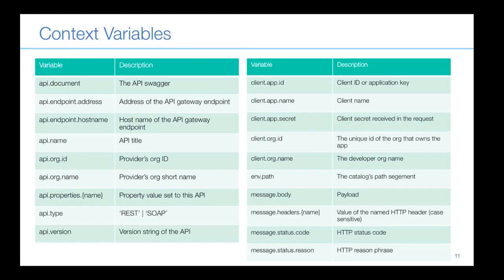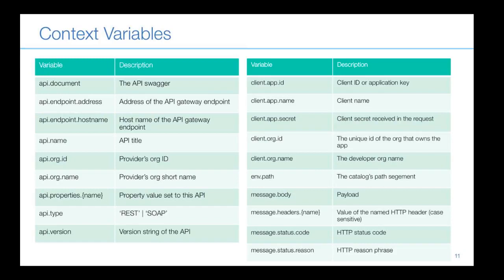Another big piece is the message.star variables that you can see on the right-hand side, the very last 4 context variables, including message.body, message.header, message.status code, message.status reason. The message.body is really the payload that is going to be returned to the API client.